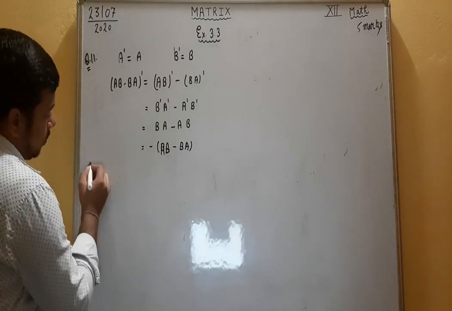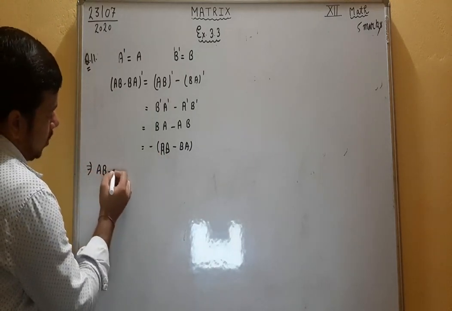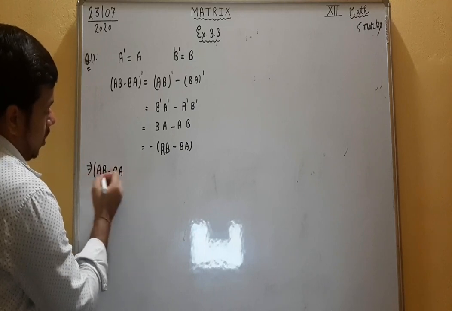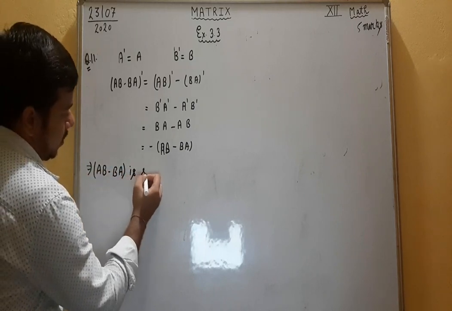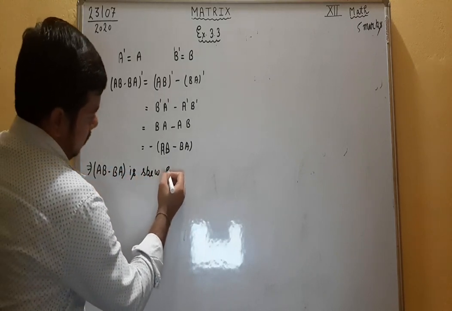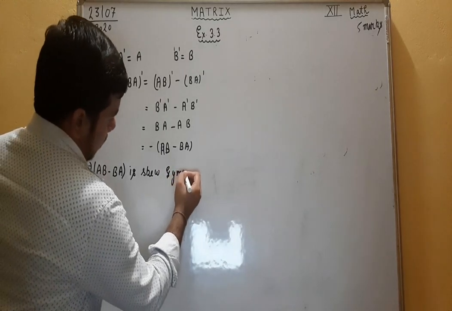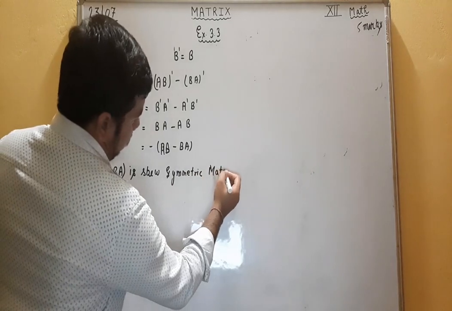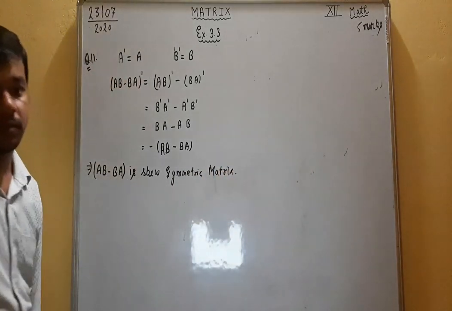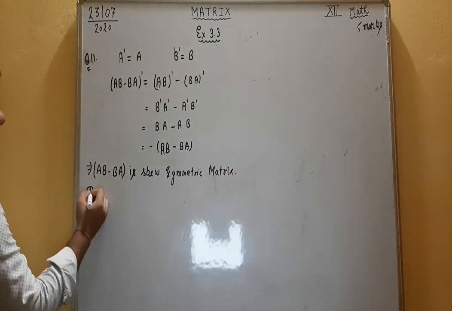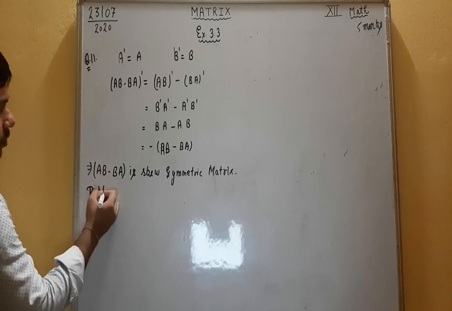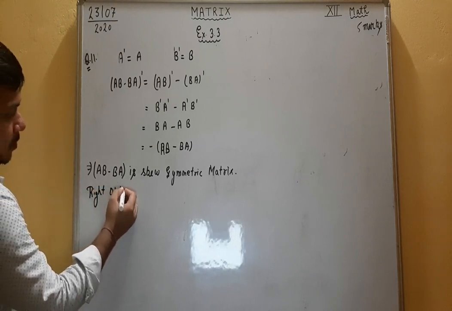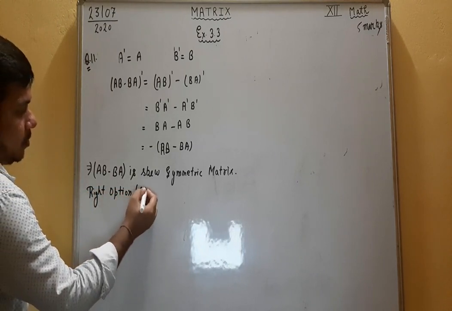This implies that AB minus BA is a skew symmetric matrix. Your right option is option A. This is a multiple choice question. Right option will be A.